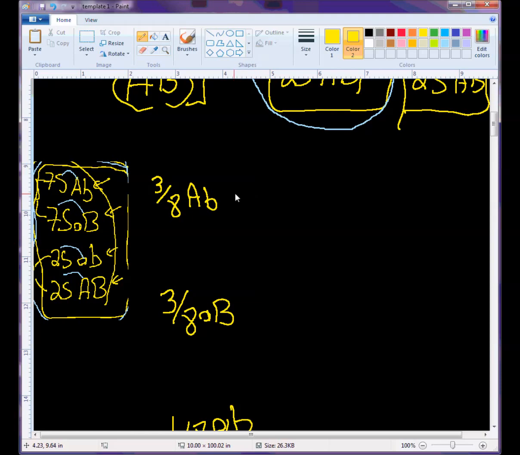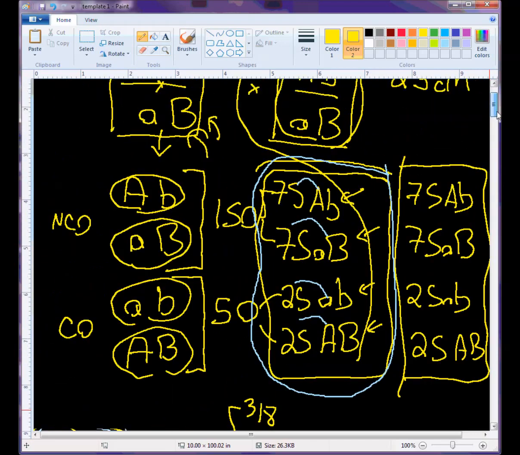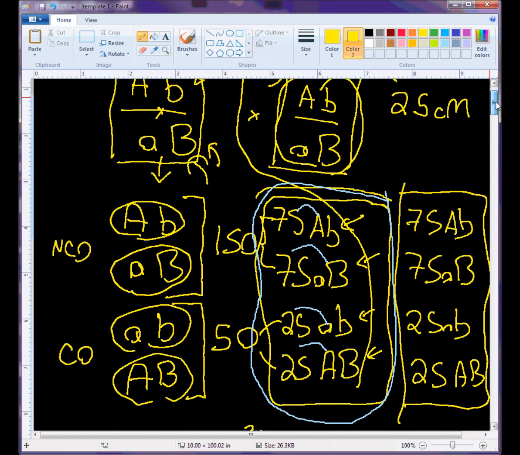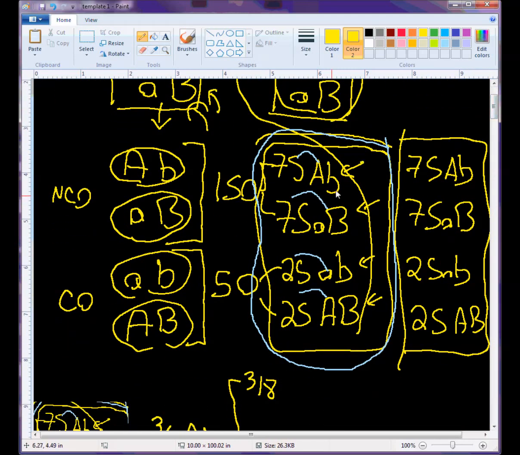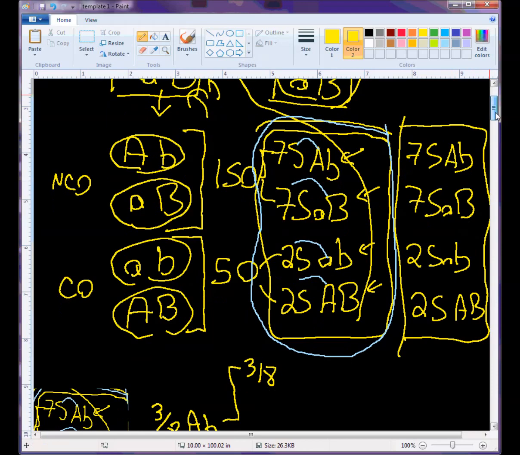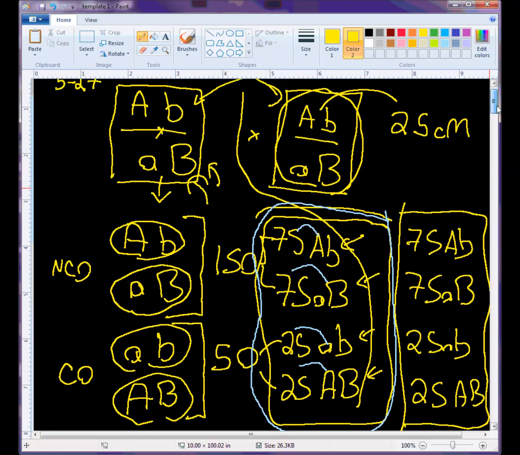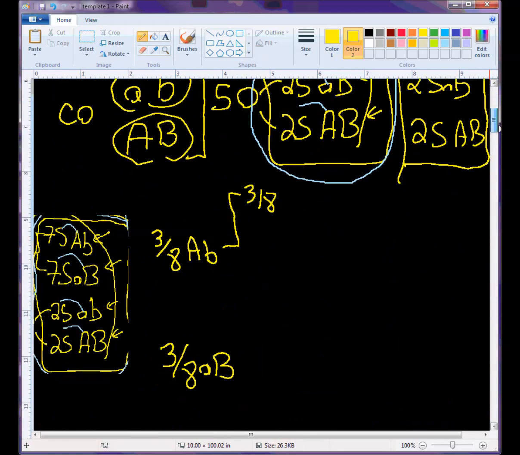And these are going to be fertilized by gametes from the other parent, which are found in the same ratio. I can go back up here and show you that. The genotypes were exactly the same here, and so the gamete ratios are going to be exactly the same. And remember, we got those ratios because the genes are linked and they're 25 centimorgans apart.